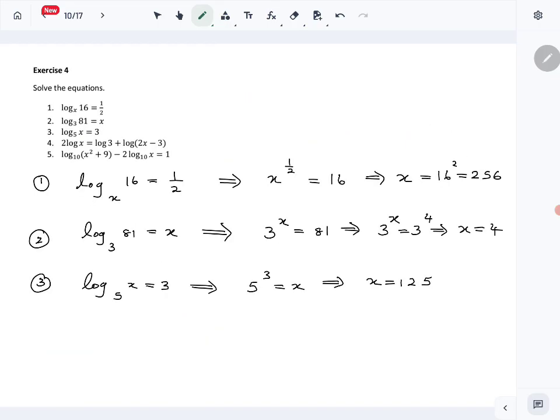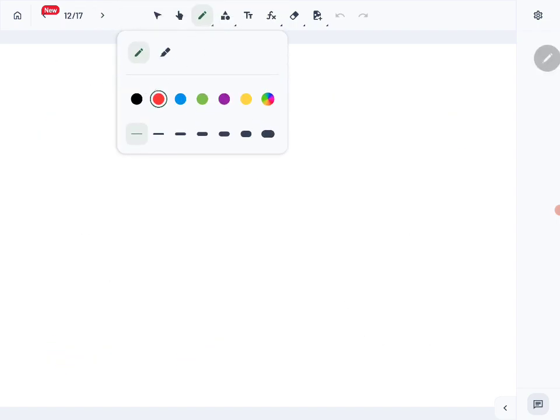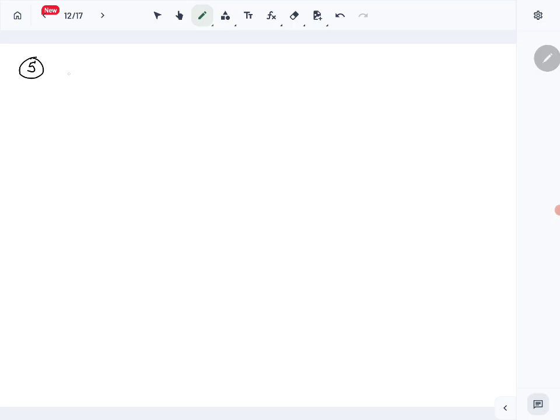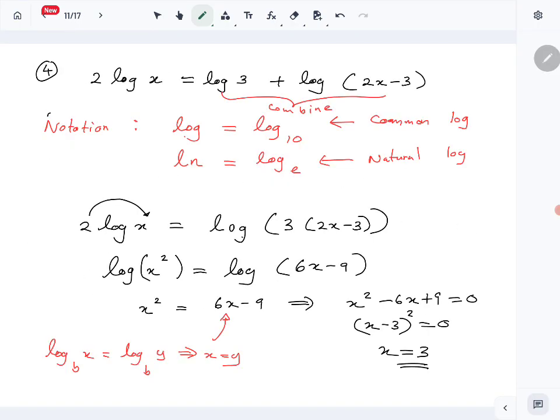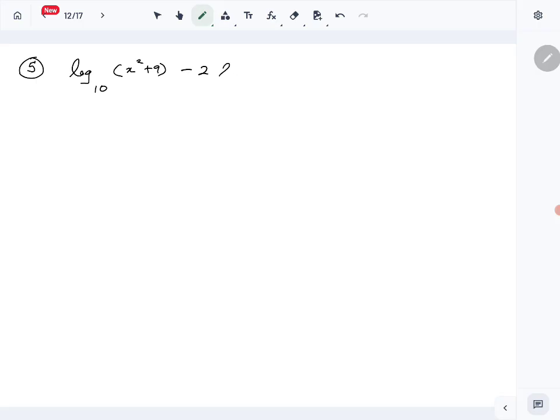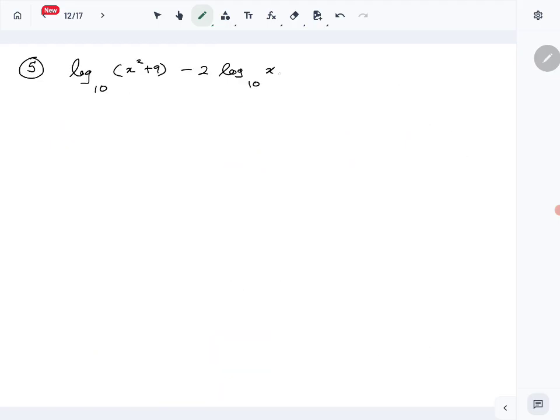Right. Now let's do the last one. Log 10. So here they have explicitly given it as log 10, which is just common log. Log 10 of x squared plus 9 minus 2 log 10 x equals 1. Right, one side has logs, other side has just a number.